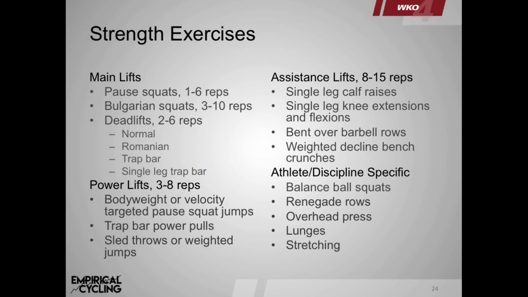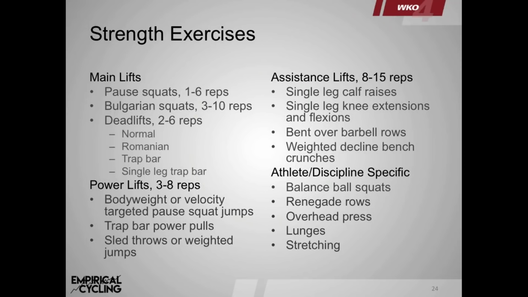And in terms of athlete and discipline specific exercises, balance ball squats, this is the really targeted balance exercise. I use this a lot for mountain bikers and cyclocross riders, BMX racers, anybody who has to negotiate interesting terrain. Renegade rows, overhead press.